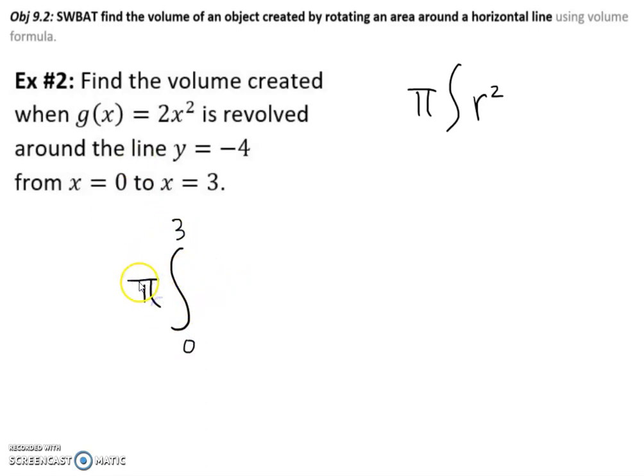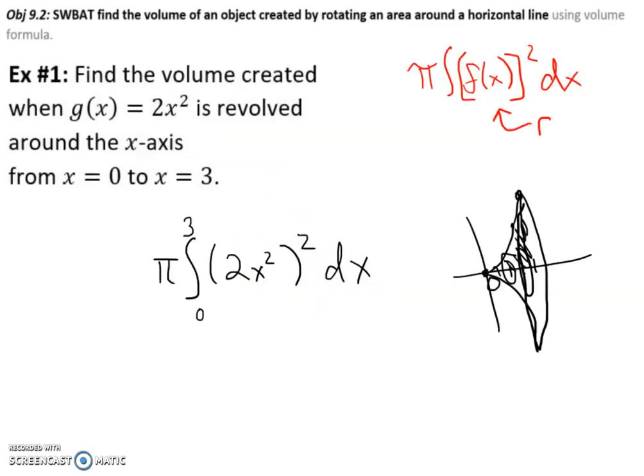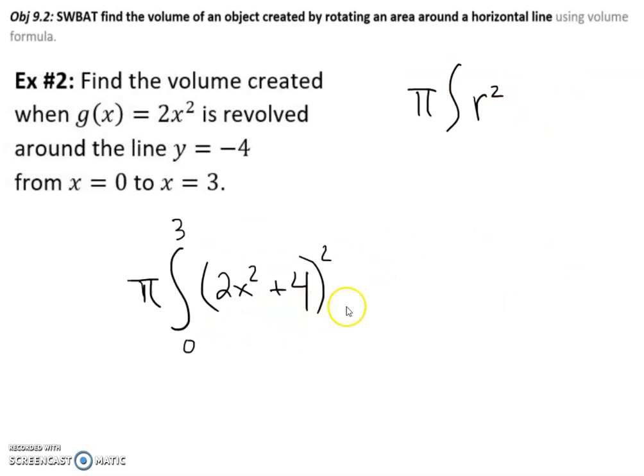We still have the pi out front, we always will for these, but our radius is now that 2x squared, but it's been increased by a value of 4, because -4 is 4 units farther away than the previous radius was when it was just going around the x-axis.